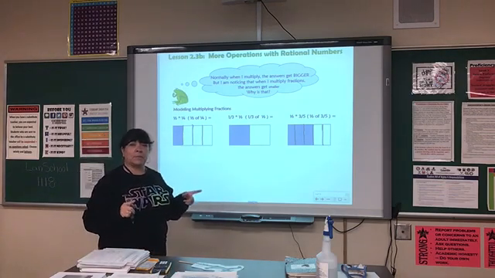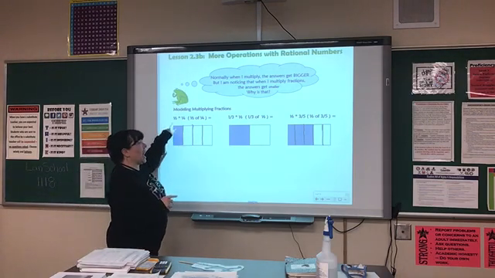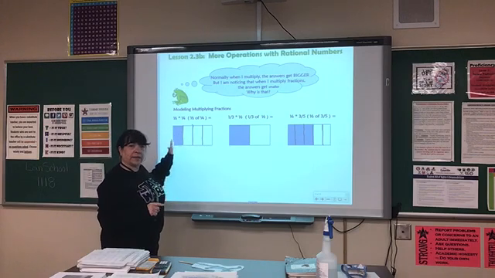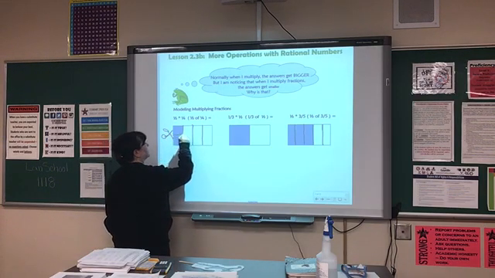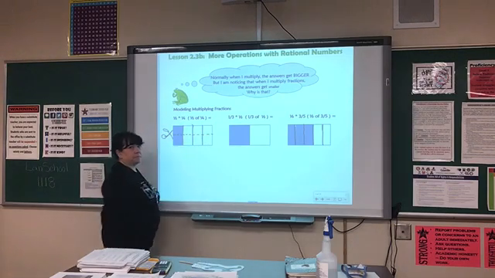Now, what happens if I take half of this fourth? I'm going to just take some scissors. Yeah, I know I make weird pictures of scissors here. I'm going to cut that in half.